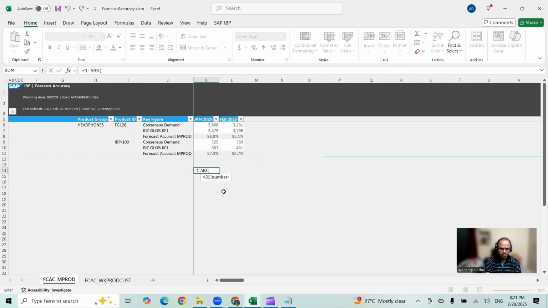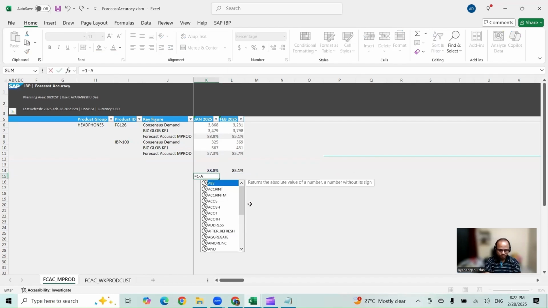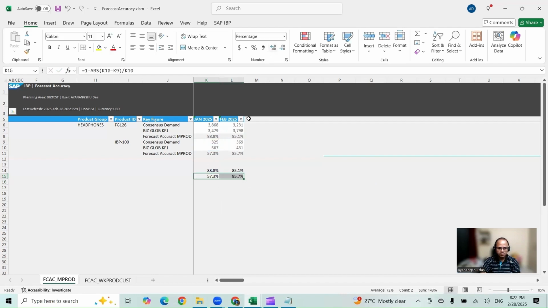So 1 minus absolute of the actuals minus the predicted divided by the actuals. Okay. And similarly, we will do the bottom one. So we see that the calculation now is getting performed at a product level correctly.